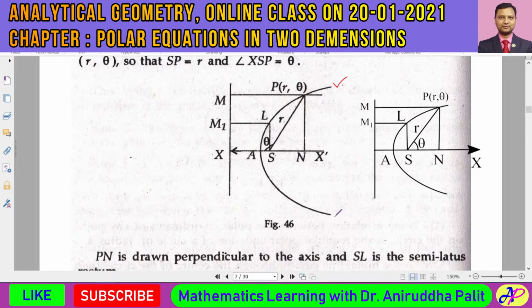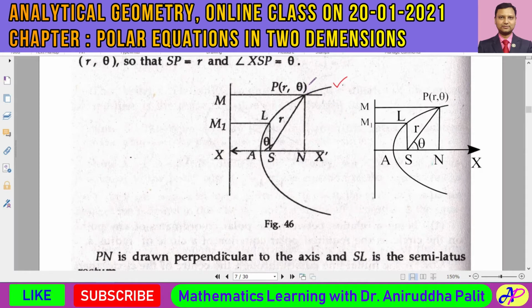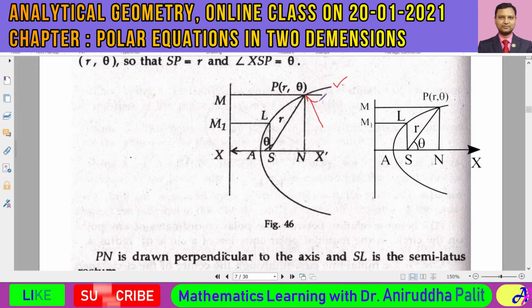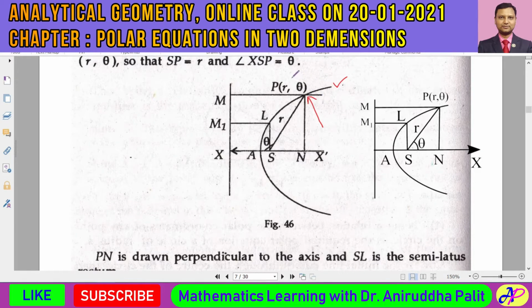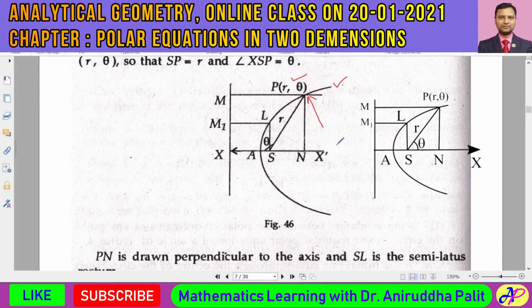On this conic, we are choosing any arbitrary point P, and let us consider its coordinates as r comma theta.